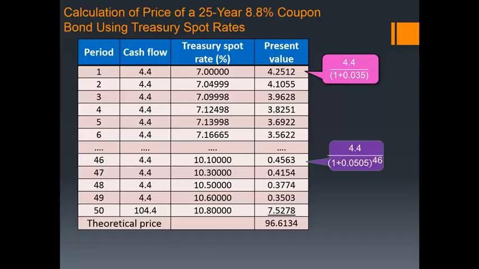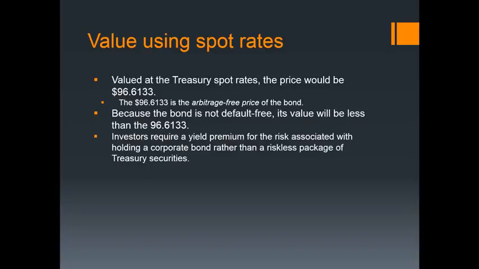If this corporate bond was also riskless, then we expect its value to be 96.6134. That is the sum of all the present values of the cash flows. So valuing just using the Treasury spot rates, we end up with 96.6133. That would be the arbitrage-free price of the bond if it were risk-free. That is default risk-free.